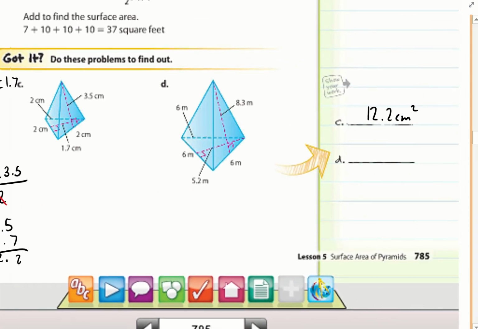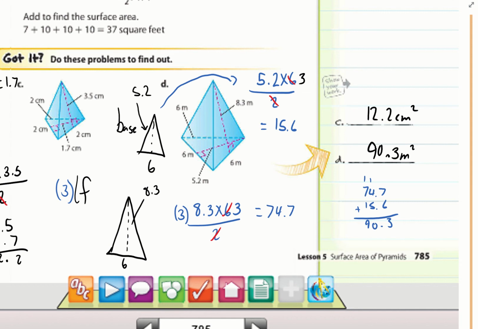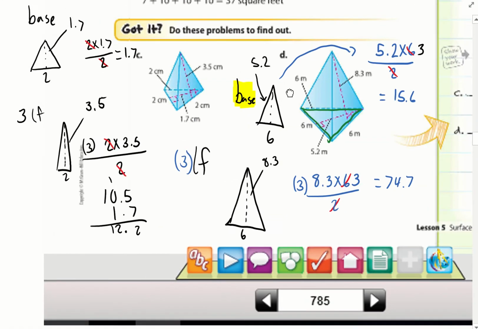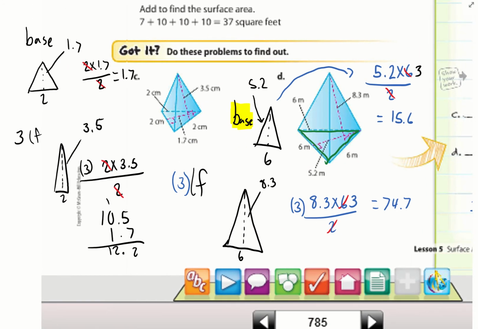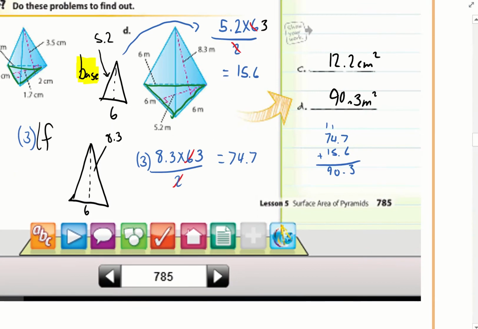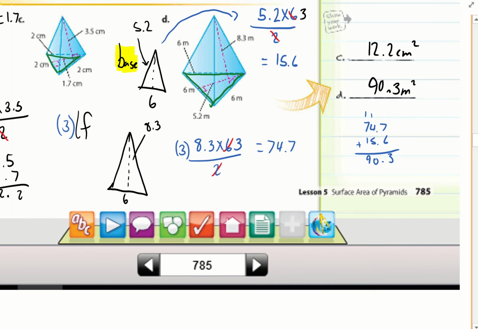Go ahead and try D. After doing D, I'm not sure if I specified this, but my base triangle is the triangle on the bottom, this triangle here. That's what my base triangle was in the first one too. As we know, the base has been the bottom in most of our shapes.